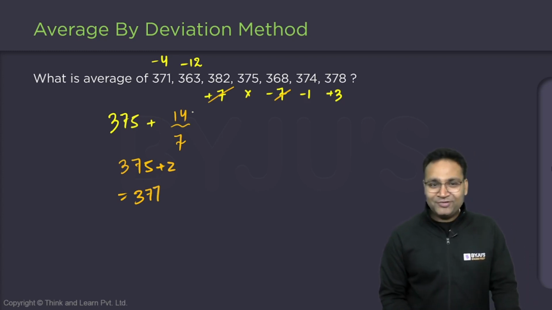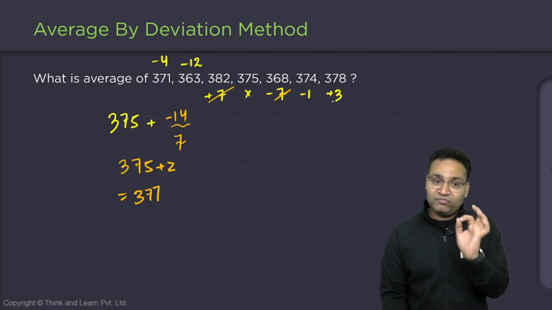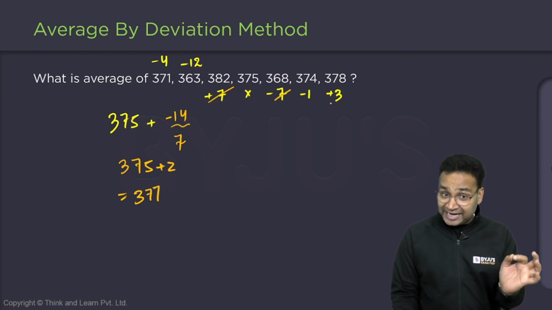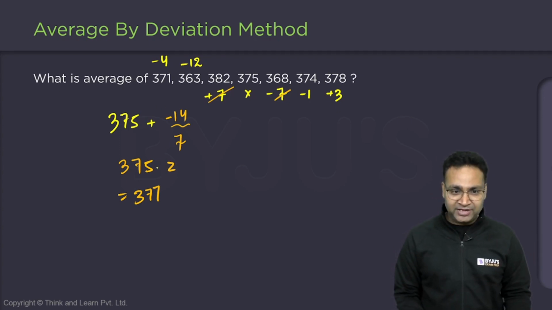Take it out. What is this? Minus 14. Be careful: minus 4, minus 12, minus 1, plus 3. So remember, whenever you are dealing with deviation, you always need to consider the sign. So overall it is minus 14, so basically this is minus 2, so basically this is 373.